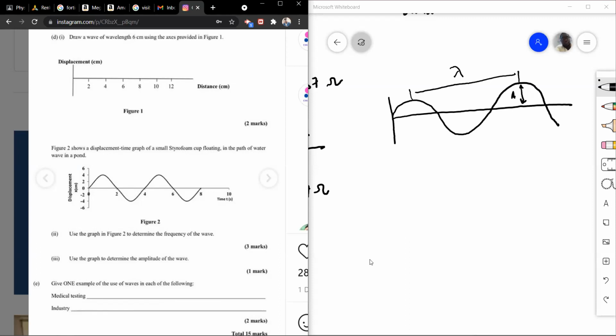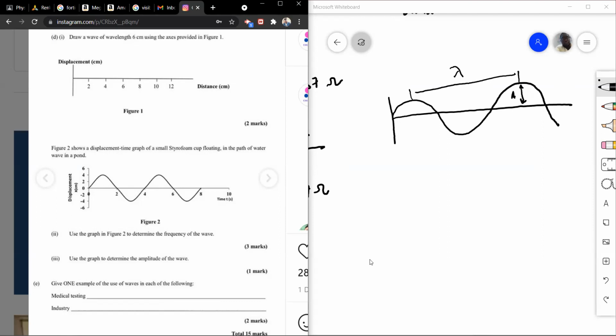So when they say that, it means they must only draw one wave of 6 centimeters. Should I go to 12? Mm-hmm. So it would go to 12 because, remember sir, the crest makes one wavelength at 6 and then the next at 12.